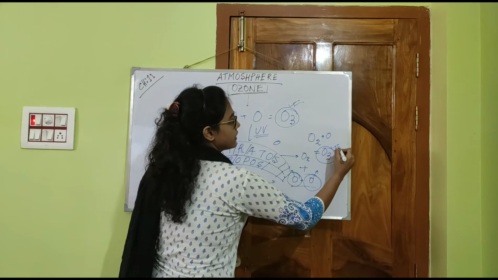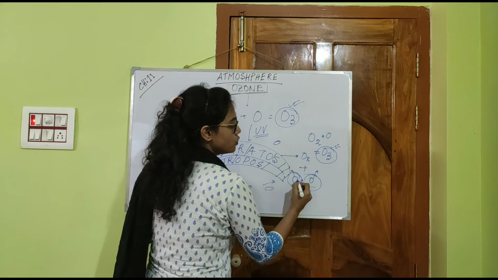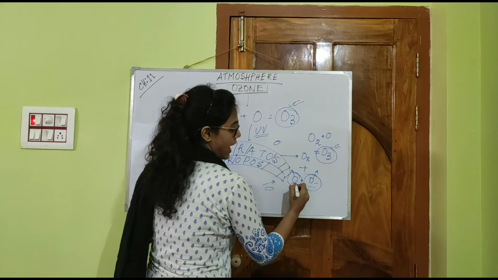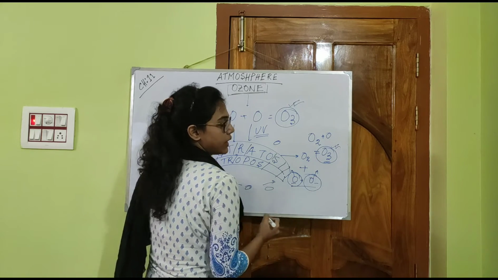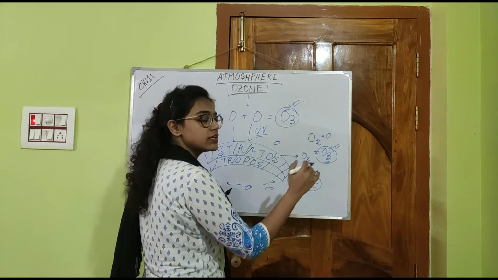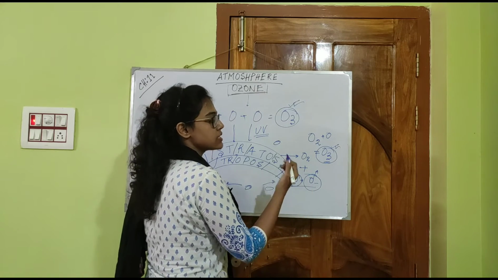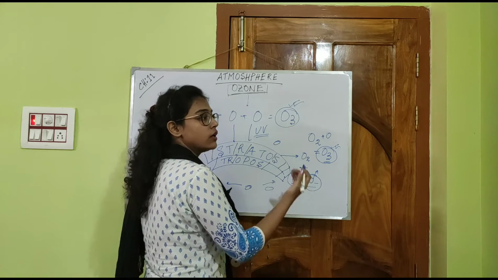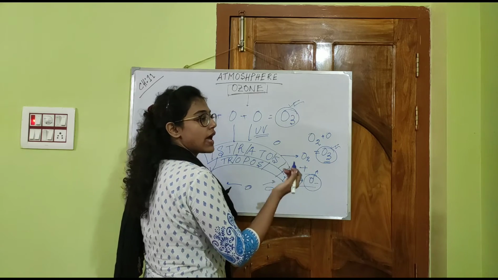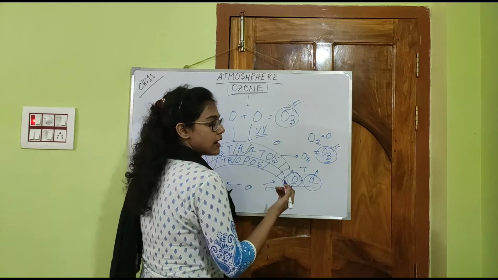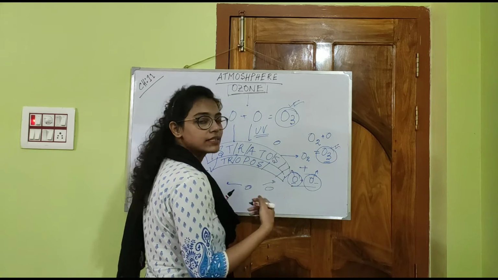So like that, from two oxygen atoms, O3 is made, and this process is continuously happening. That means O3 is broken down and O3 is made up again, these two processes are continuously happening.